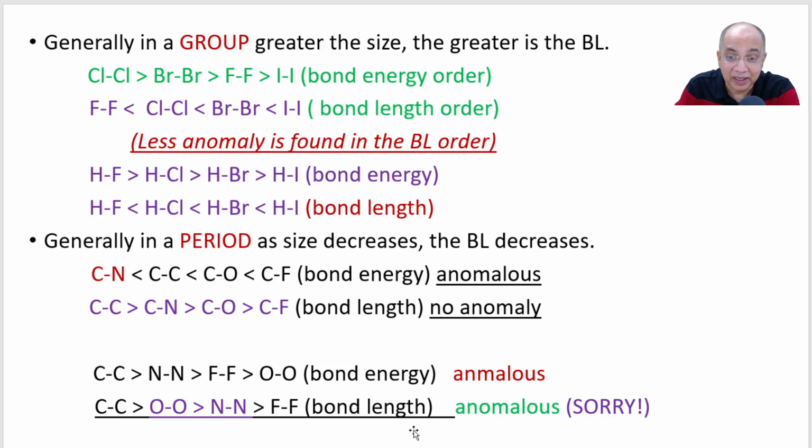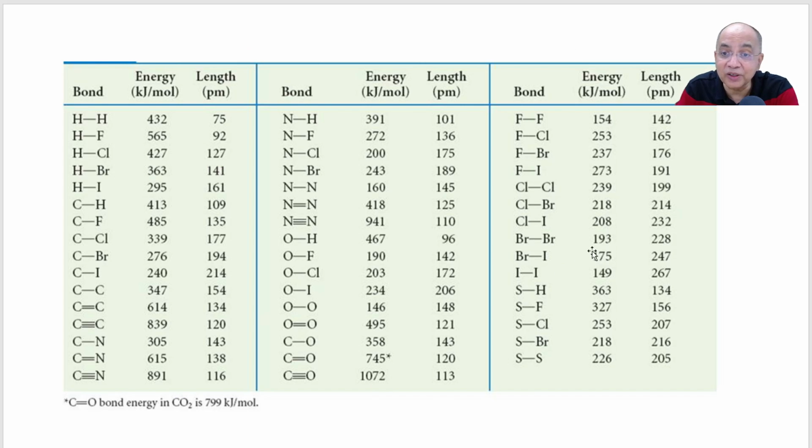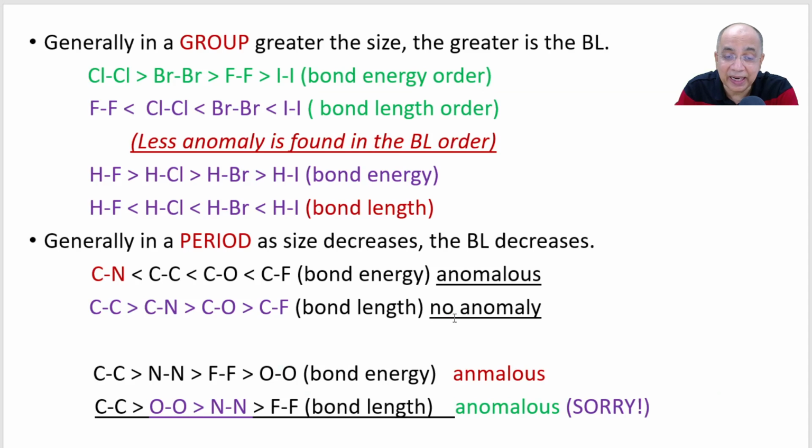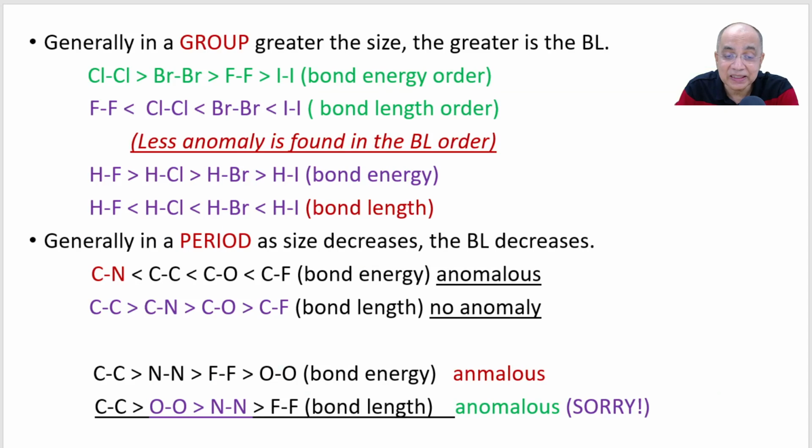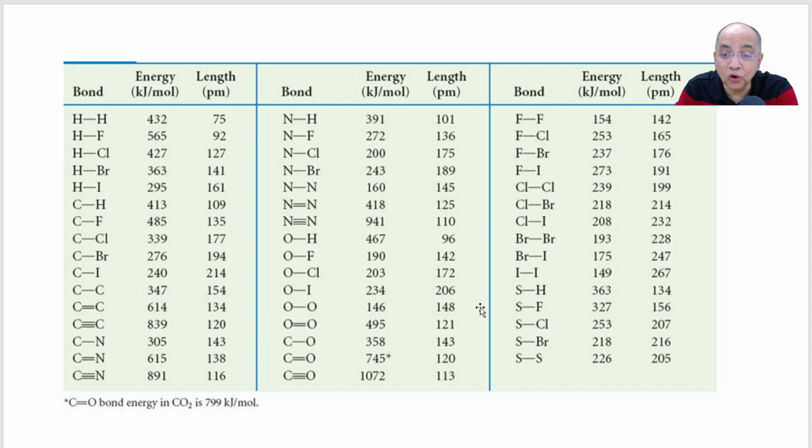Here also in bond length, as size goes on decreasing across a period, we are expecting that N-N should be of longer length than O-O, but O-O is of longer length. You can have an O-O single bond length of 148 and N-N, I'm sorry, O-O is 148 and N-N is 145 here.